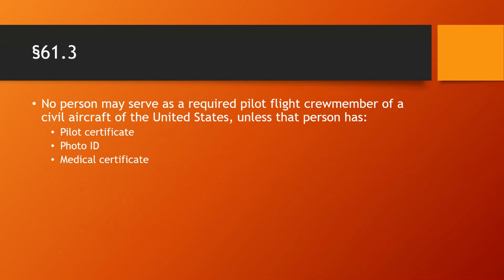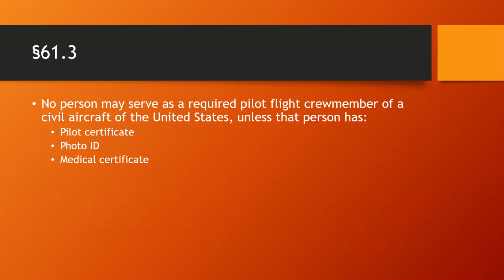If you do not have these, you cannot fly. So a pilot certificate, obviously, is your pilot's license. It's a piece of plastic, usually, sometimes paper if it's temporary, and you have to carry that around with you when you're flying. Photo ID can be a driver's license, or any other type of government-issued photo ID, because a pilot's license doesn't have a photo on it.